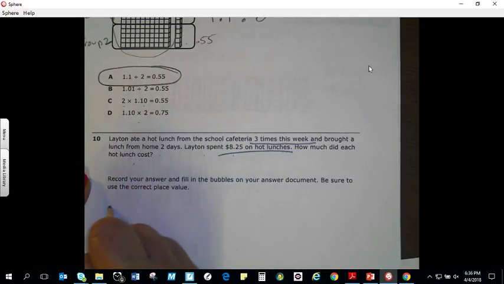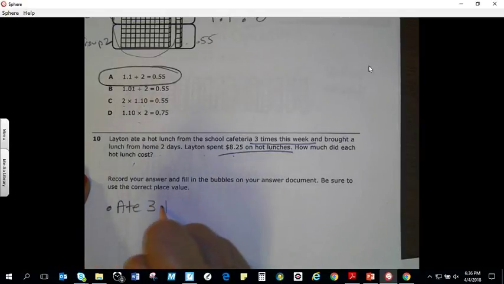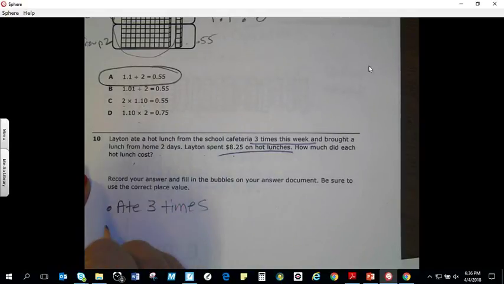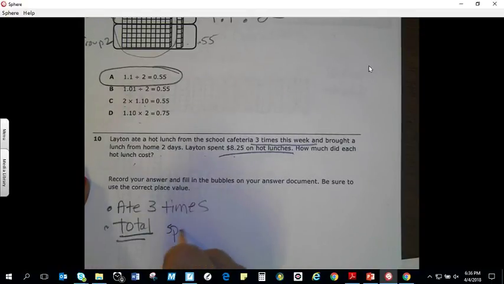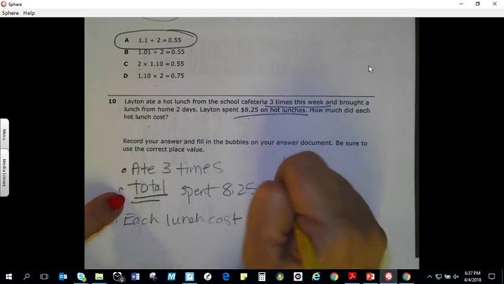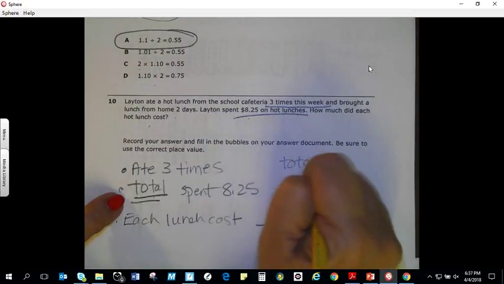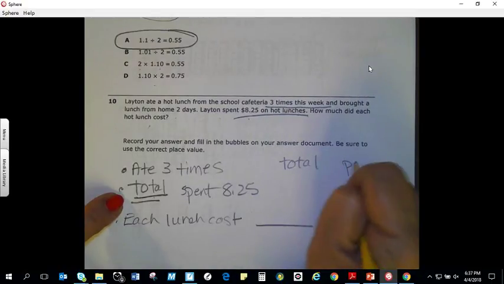Okay, so I'm going to put 8 3 times. Total spent was $8.25. So each lunch costs blank. All right, so I have a total amount. I'm given a total, I'm given a part, and I need to find a part.